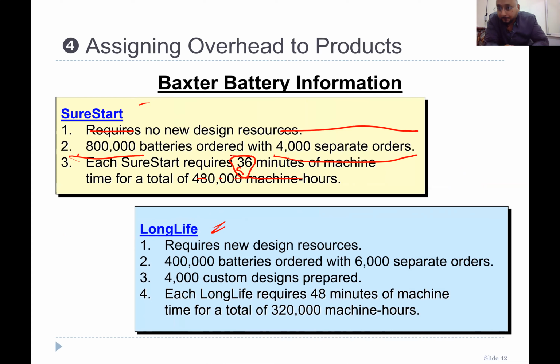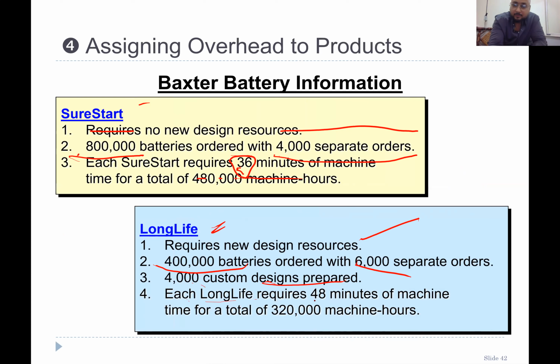Now the second brand is long life, which requires a design change. So the design change activity rate is going to be applied here, right? 400,000 batteries are ordered with 6,000 separate orders. Per order cost, we already found, I think, is $452, right? 4,000 custom designs prepared.